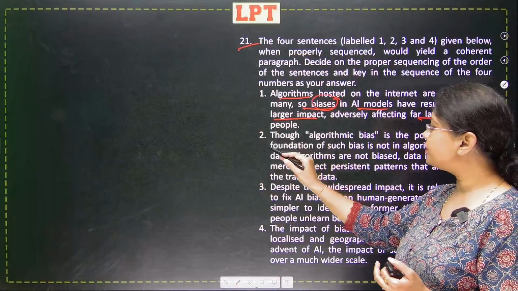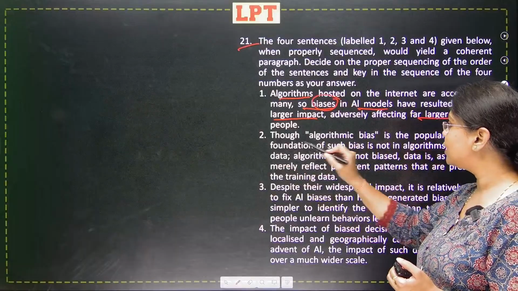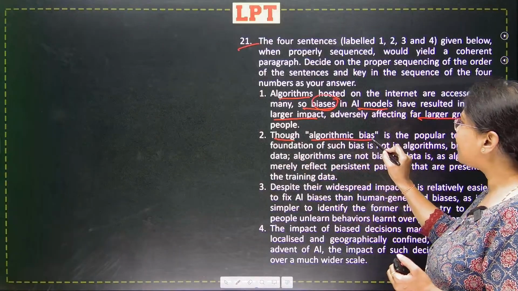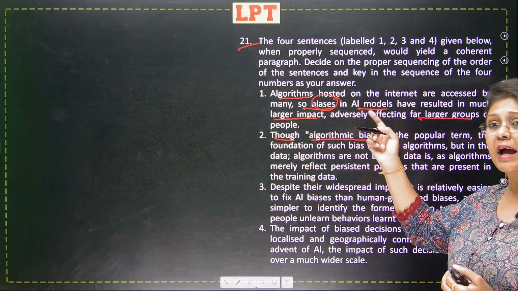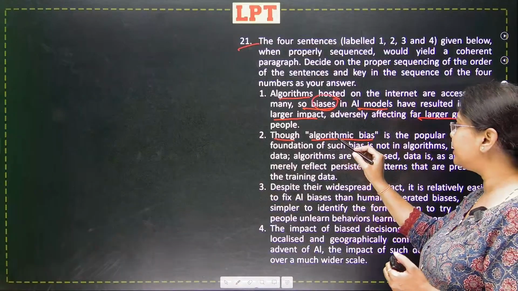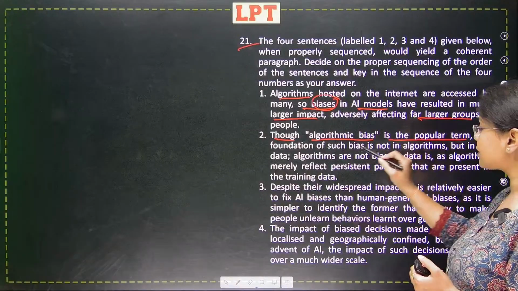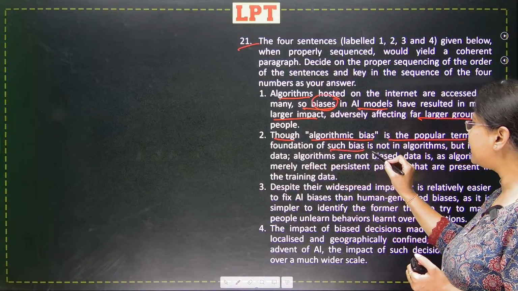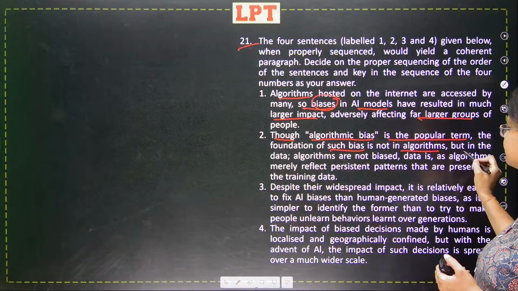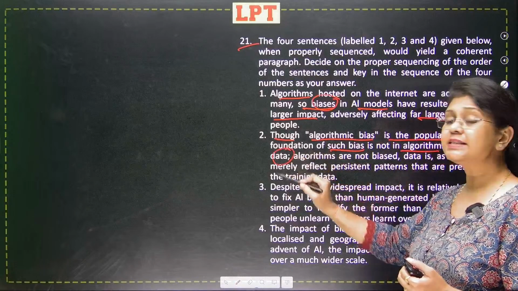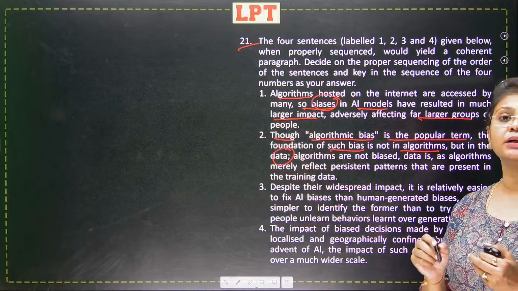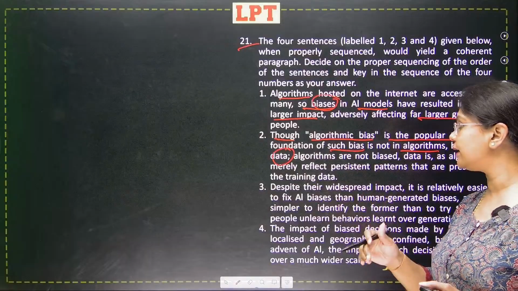Then you have the second sentence here. It says though algorithmic bias. So we did talk about bias here. So it continues further. It says algorithmic bias is the popular term. The foundation of such bias is not in algorithms but in the data. So what it is saying is that the bias is not in the algorithm but it is in the data.